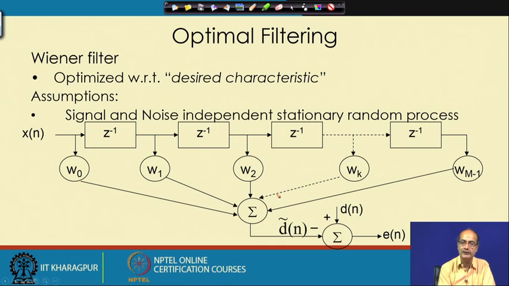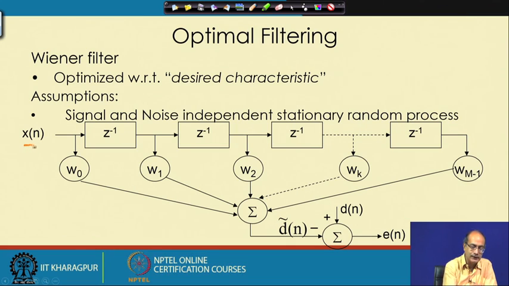If you want to make it a little loose, you can say they need to be uncorrelated at least. So, this much is required. There are two random processes which are stationary and independent; that is the minimum condition needed for the Wiener filter design, or to show that we have a design where we get an optimal filter. Now, let us look at the signal.